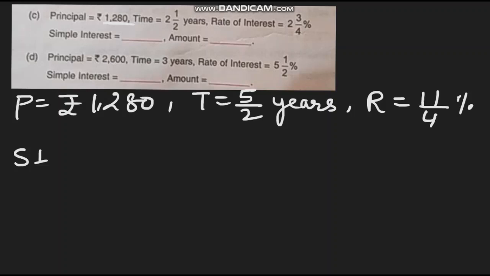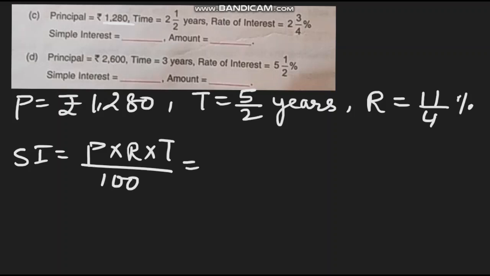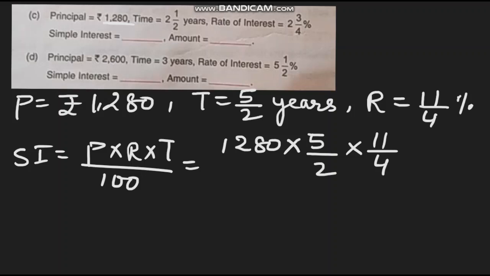Now let us see how we can calculate simple interest. SI will be equal to P into R into T by 100. So this will be 1280 multiplied by time 5 by 2 into 11 by 4, whole divided by 100.